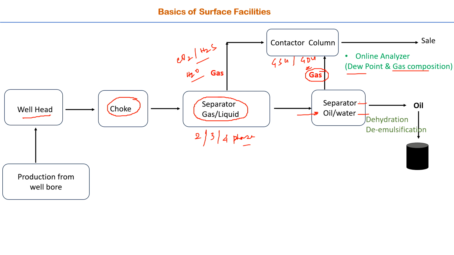Sometimes this gas has a very low pressure, so we need a compressor to compress the gas and send it to the conductor column. So till now we have separated gas and oil. Now the only thing that remains is the water, okay.